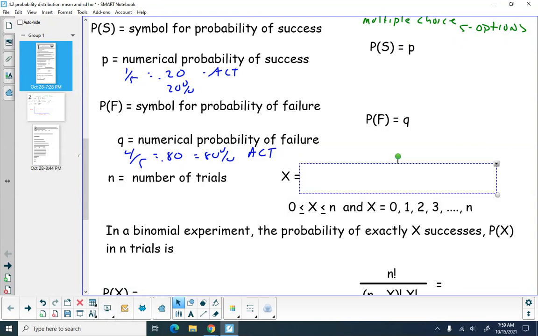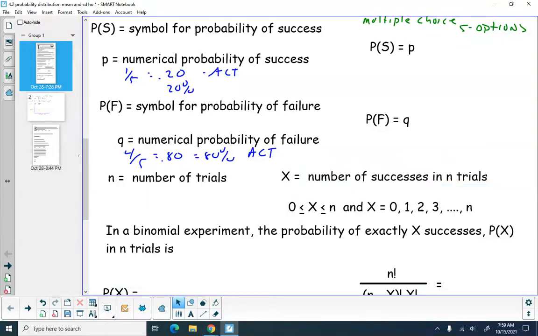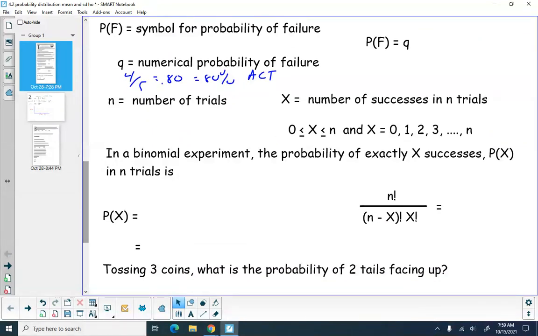x is your number of successes in n trials. How many successes are you going to have in n trials? x will be between 0 and the total number of trials that you have, n.